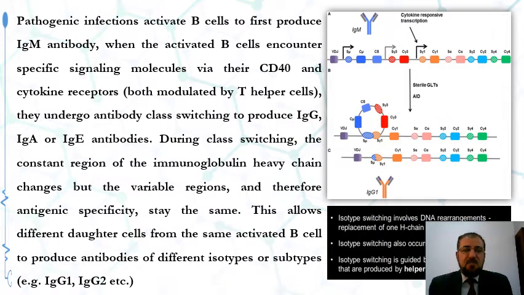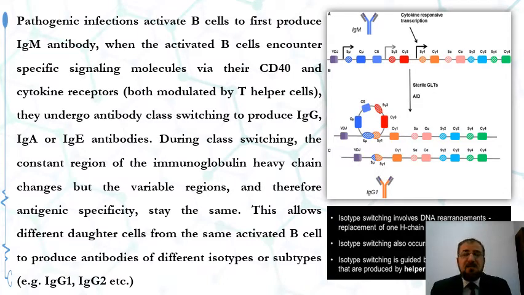At first, the pathogenic infections activate the B lymphocyte to produce IgM. We said before that IgM is the first antibody isotype to be produced in mild infections. Then the B lymphocyte gets help from the helper T lymphocyte, the CD4 positive T lymphocyte.